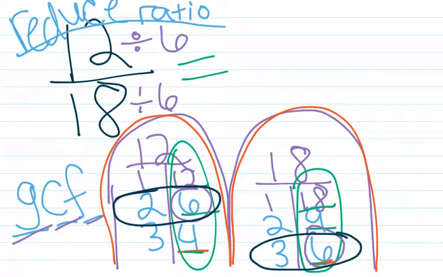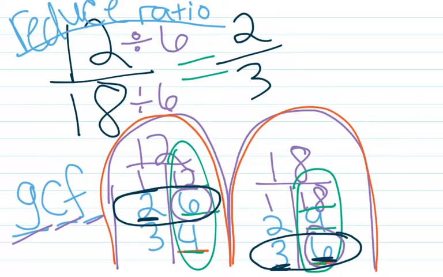Here's my fun fact. 18, we have 6 on the right side, but what's on the left side? 3. So look what I'm going to do. I'm going to put 3 on bottom because that's where my 18 is. And now 12's on top, so if I look at 6 under 12, I see 2. So there's what goes on top. There's your fun fact of the day. Hint, hint, it's super easy that way too to remember.